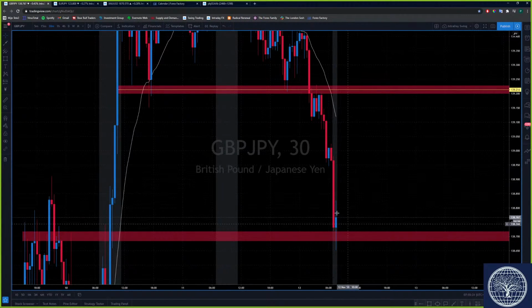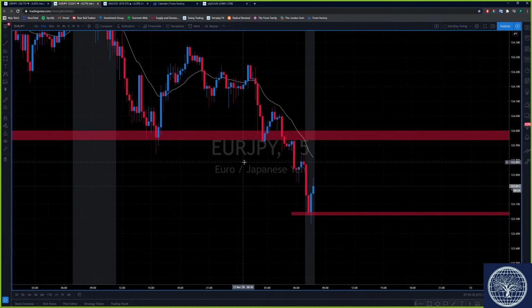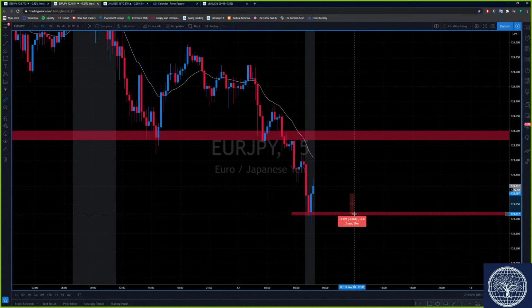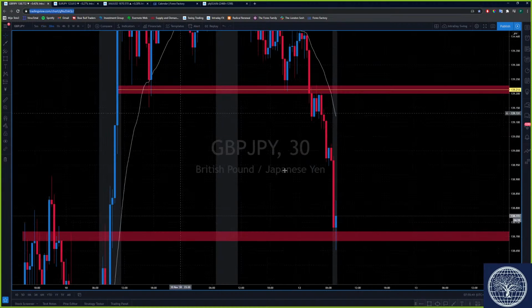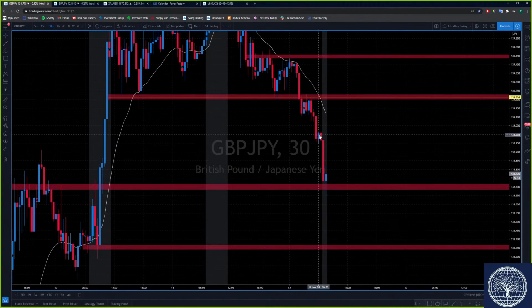GJ is still creating a low, and Euro JPY is also still creating a low. Now I'm just waiting for a resistance to form on both of these pairs.